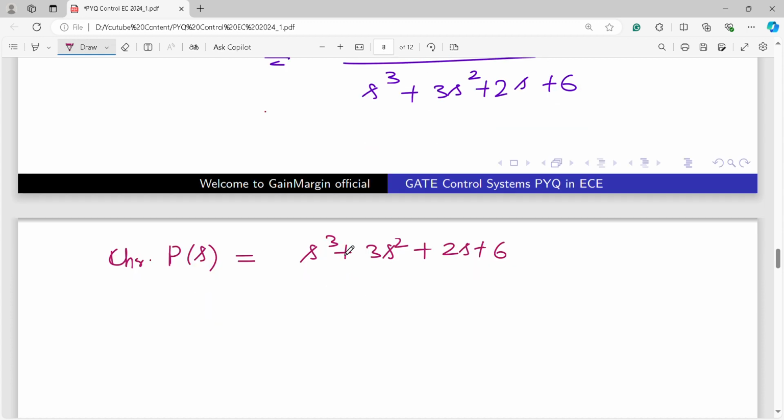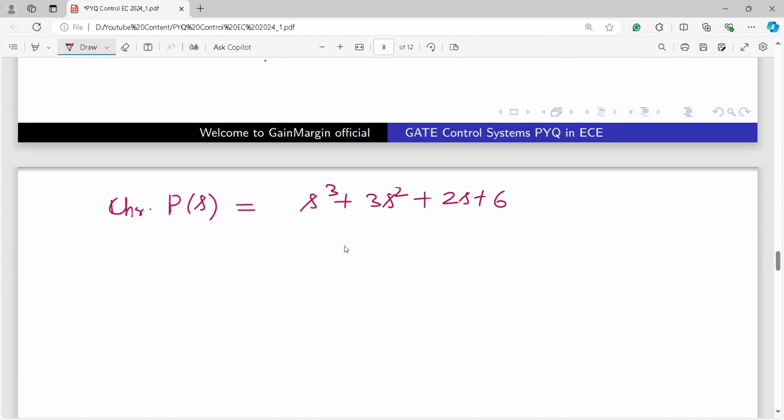All right, so here let's apply our Routh-Hurwitz criterion. Okay, so what the Routh-Hurwitz criterion says is that in the Routh-Hurwitz table, if in the first column all the terms have no sign changes, we can say the system is stable. There is no pole lying in the right hand side of the s-plane. Okay, so let's form our Routh-Hurwitz table.